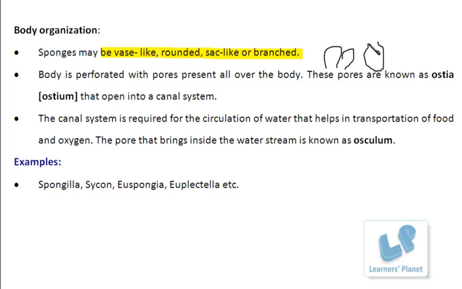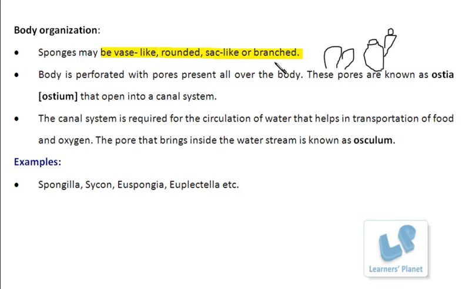And definitely there are pores over there. At the top also there is a pore. So this is how they appear. And branches are there, that means it is not like this only, it may have some branches over it, like this. Got my point? So this is what these organisms look like.